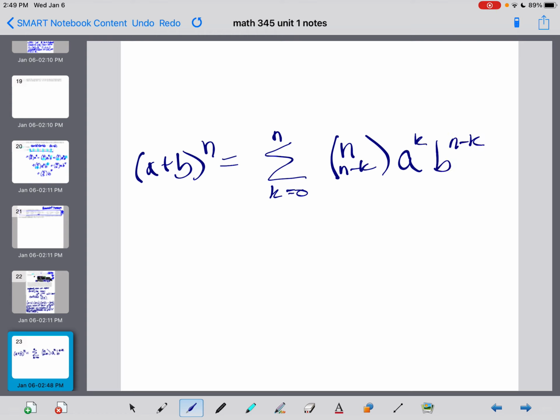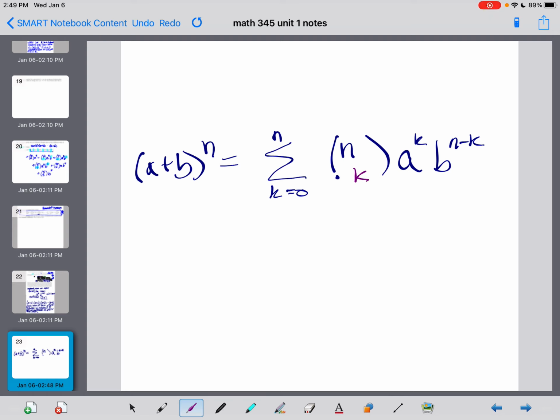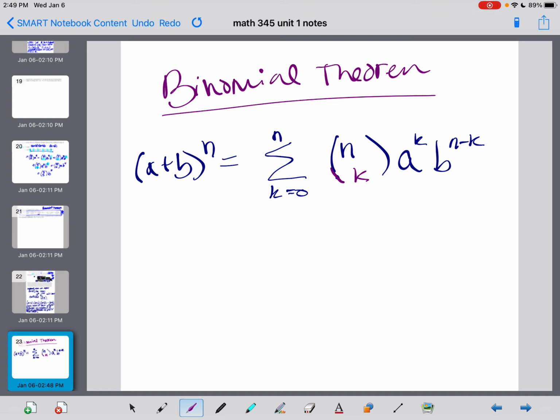Sometimes this is even replaced with just n choose k, because we've seen that it's symmetric and you'll get the same thing either way. But this is what we call the binomial theorem. And in the exercises, we'll explore it a little more and see if we can find some interesting results that come from this.